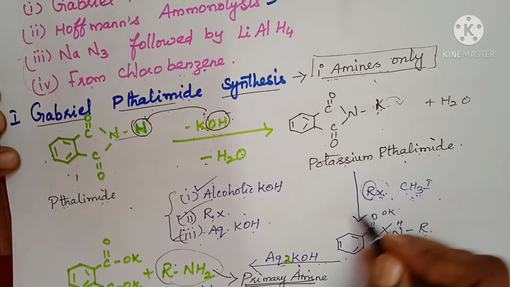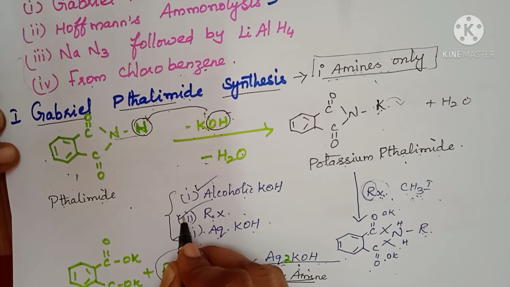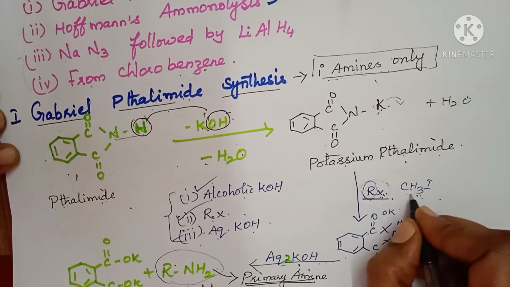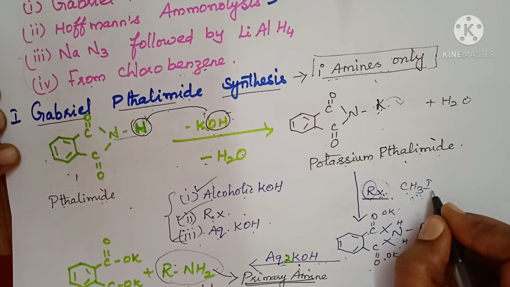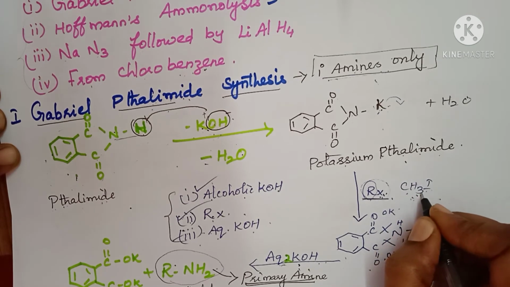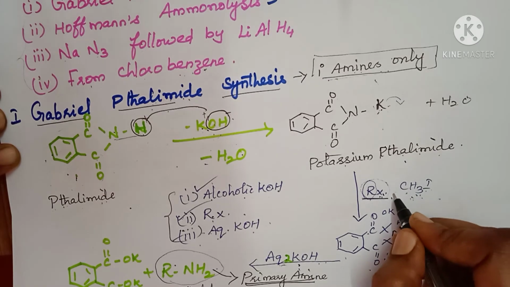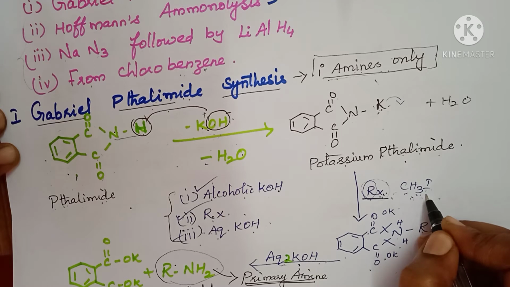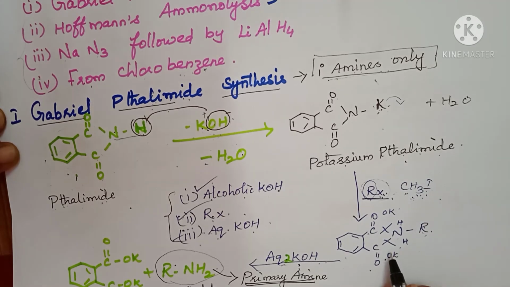Now the next step is RX. RX is nothing but alkyl halide, whether it is methyl iodide or CH3Br, anything we can use. When we are using alkyl halide, what happens?